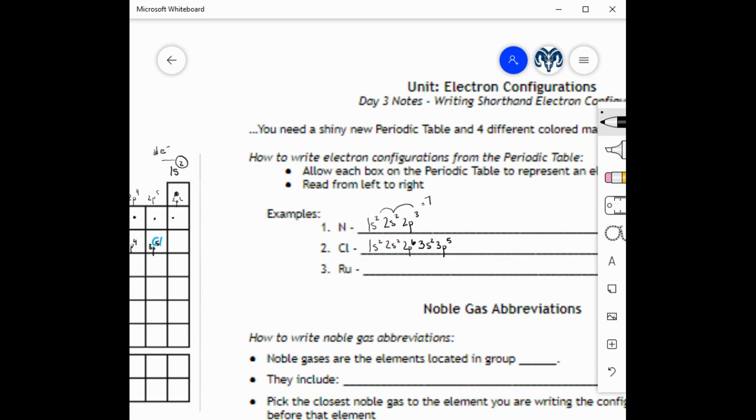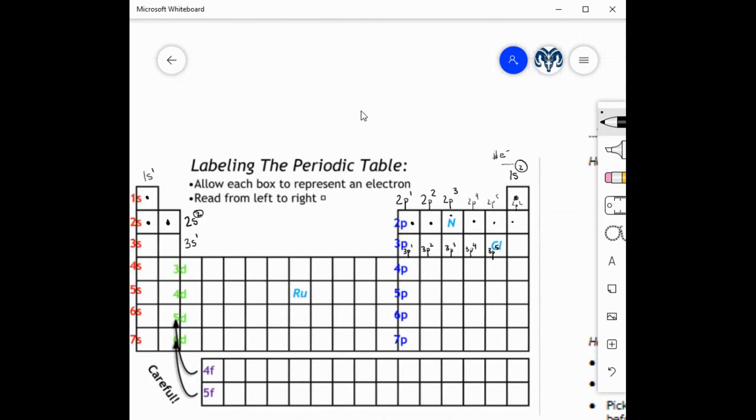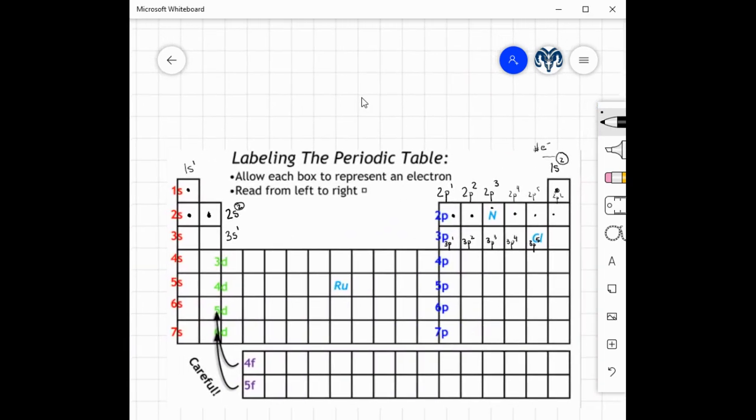Now, with rubidium, it's going to be a little different. It's a little harder, but we're just going to follow the periodic table to do this. So I'm going to start here at 3p6.